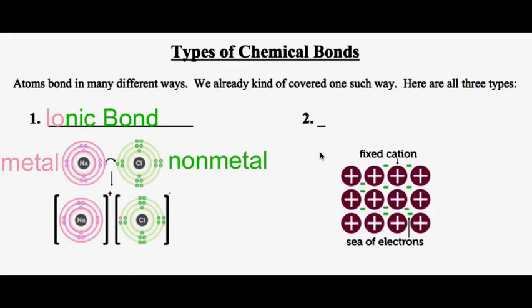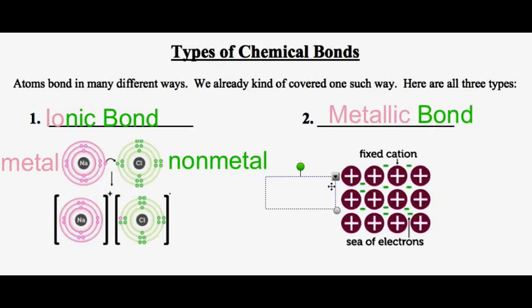Now, on number 2, you can't necessarily see which elements these are, but let's say they are sodium, and this is the nucleus of a sodium, surrounded by the electrons on the outer edge. It's kind of neat about this kind of bond, and it is called a metallic bond.